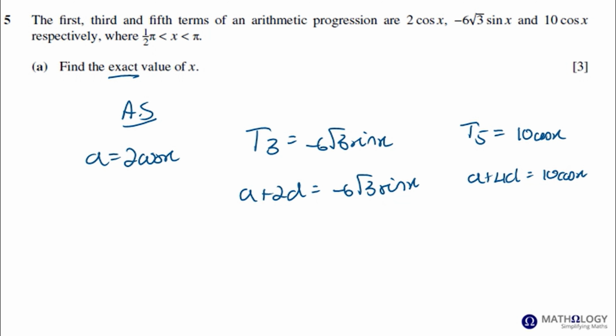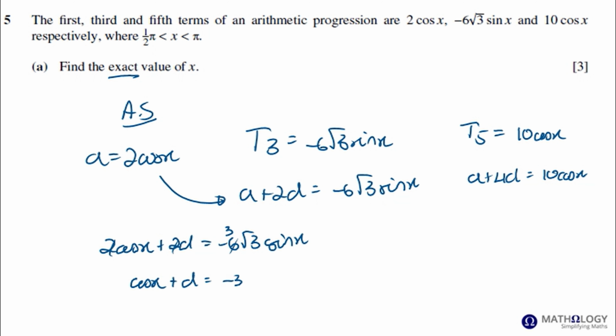Okay, so now we're just going to substitute and manipulate. a is 2 cos x. So 2 cos x plus 2d equals minus 6 root 3 sin x. We can divide through by 2. So we'll have cos x plus d equals minus 3 root 3 sin x, and then d is minus 3 root 3 sin x minus cos x.